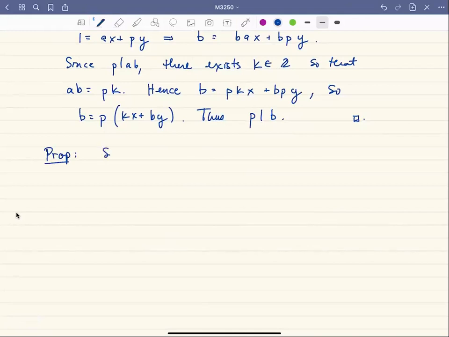Suppose that a divides bc, and a and b are relatively prime, then a divides c. So you can adapt the previous argument to prove this, and I'll leave that to you as a sketch.